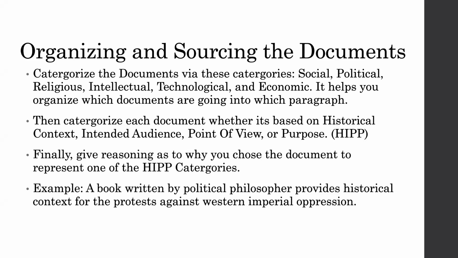What audience was this intended for, and why was it intended for that audience? Then you have point of view. Basically, this goes more hand in hand with documents like journal entries, but it's always about a person's point of view on an opinion or on an event. So that's easily packed down.